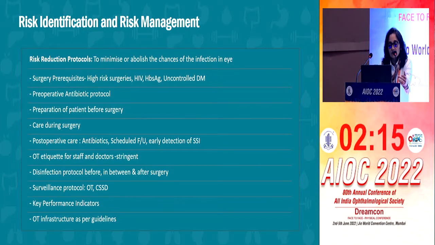The preparation of the patient before surgery, care during surgery, post-operative care with antibiotics, scheduled follow-up, the early detection of surgical site infection. We must include the disinfection protocol before, in between, and after surgery. There should be a stringent OT etiquette for staff and doctors. Surveillance protocol, key performance indicators, and OT infrastructure as per NABH guidelines.